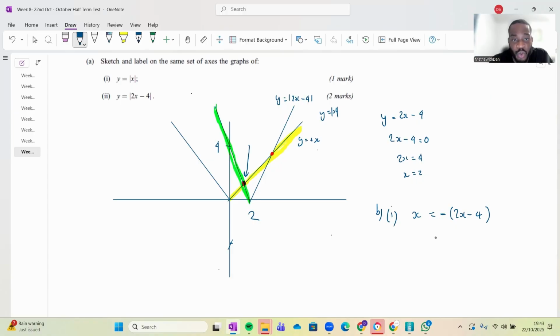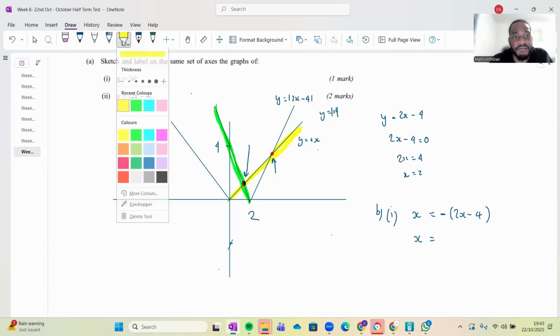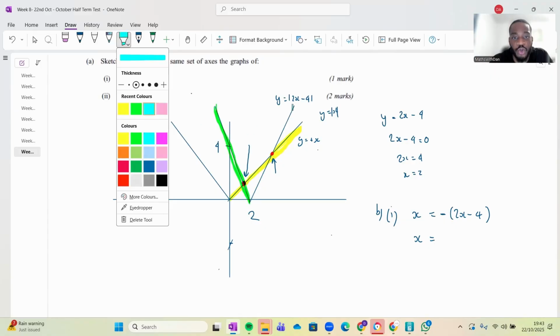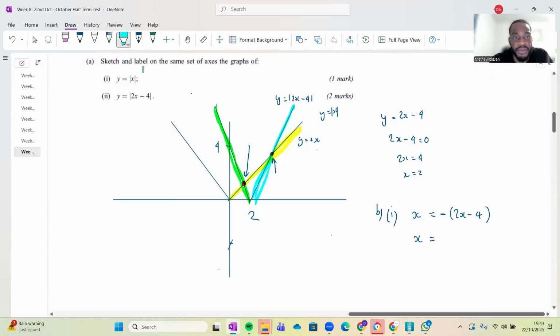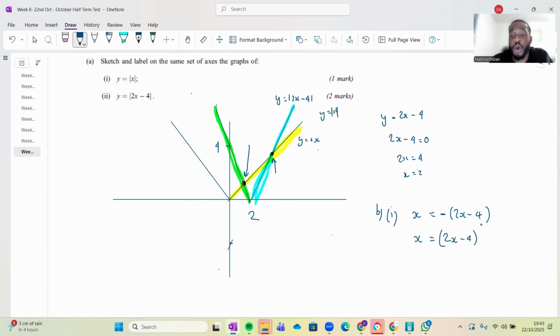And then the second one, which is this one here, that yellow one, which is y equals positive x, is intersecting with the positive version of y equals 2x minus 4. These are going to be the two equations that I'm solving. Is everybody happy with that?